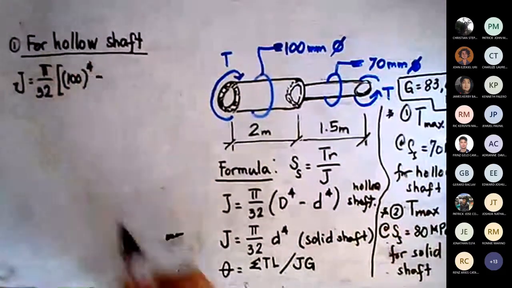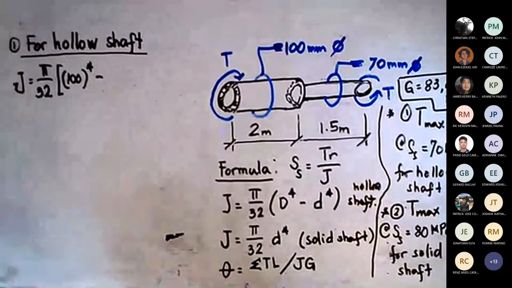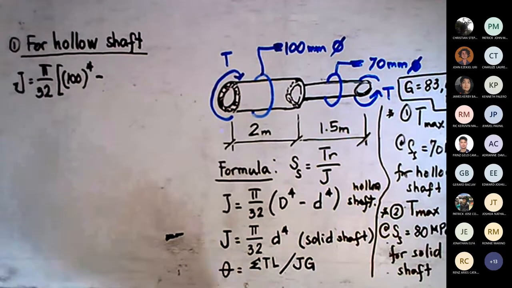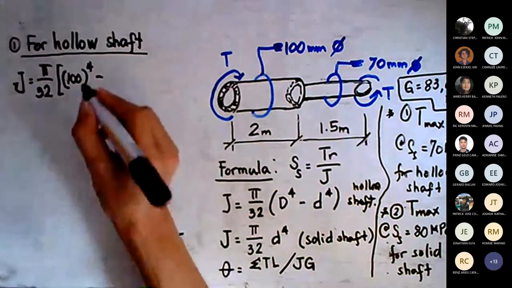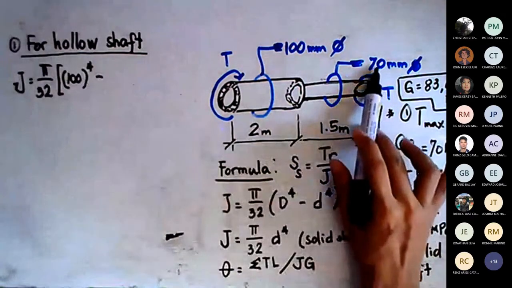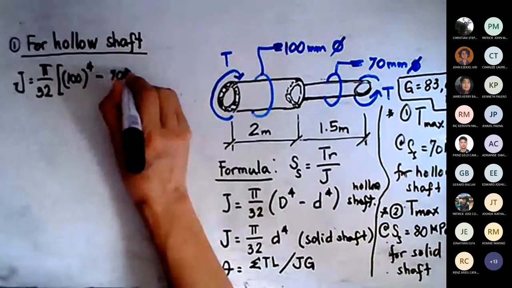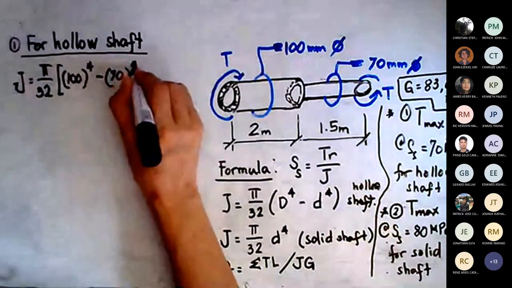Be consistent with the unit ha. Kung ang gamit nyo mm, dapat all throughout mm. Kung ang gamit nyo Newton, all throughout Newton. Para hindi kayo magkamali ng inyong computation. Tapos, ang inner diameter natin is 70 mm, to the 4th power.